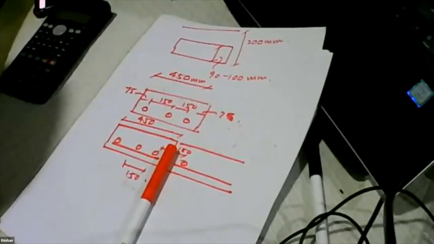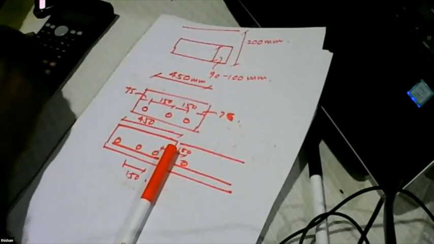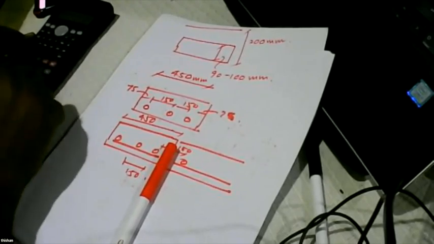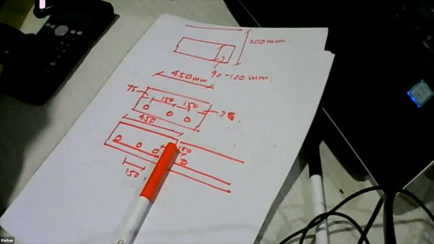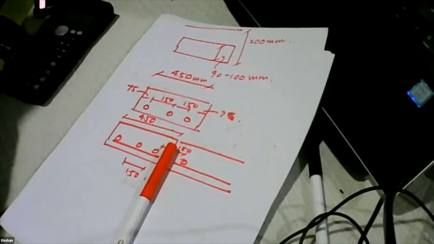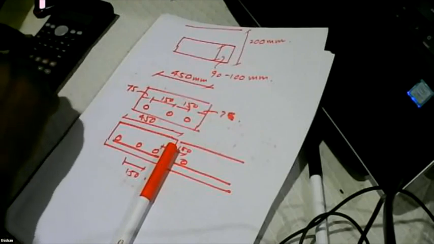If you look at the weight of this one with 1.5 meter spacings, 450 multiplied by 80, divided by 10 to the power 9.